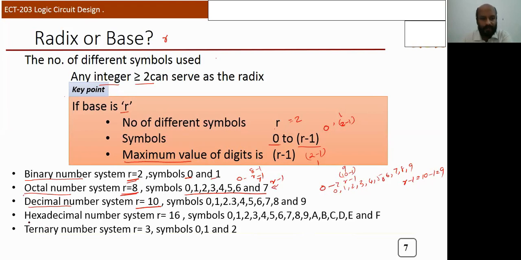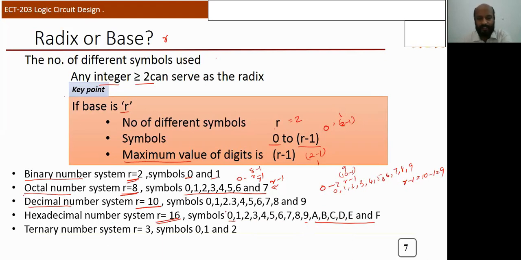Similarly, we can take hexadecimal. In the hexadecimal number system, the base or radix r is 16. So we are using 16 different symbols in this number system. 0, 1, 2, 3, 4 up to 9, that is 10 digits, and we are using 6 letters: A, B, C, D, E, F are used to represent the hexadecimal digits.